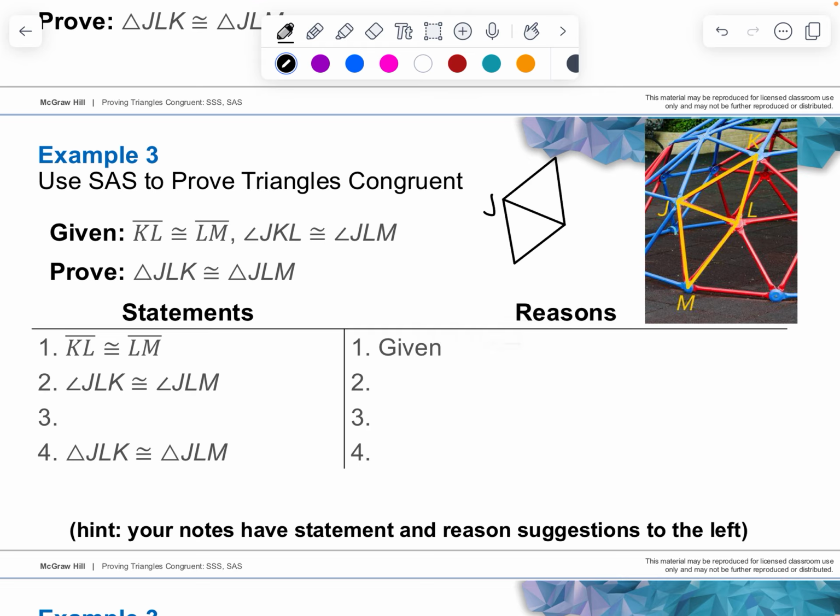Okay, we've got J, L, M, and K. And they tell me that KL is congruent to LM. And they tell me that angle JKL, so I'm tracing that, JKL is this one up here, is congruent to angle JLM, is equal to that one down there. Okay? And I need to prove that triangle JLK is congruent to triangle JLM.